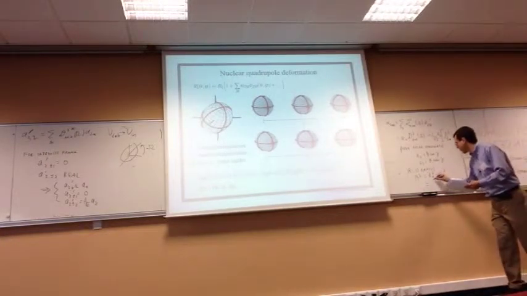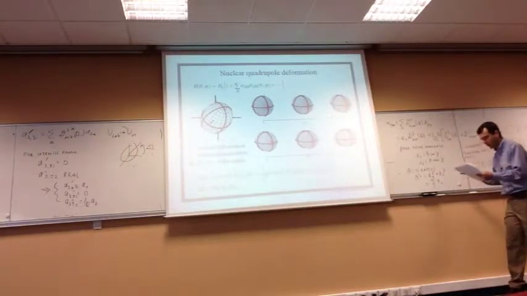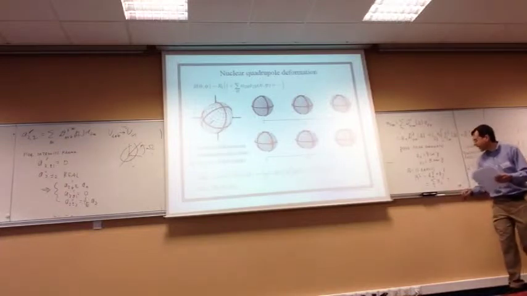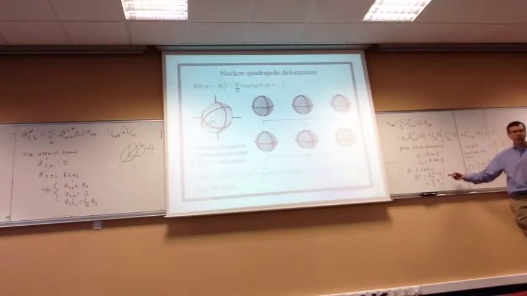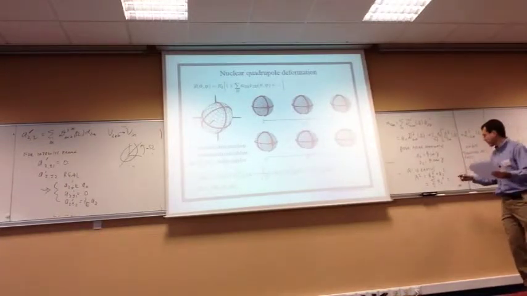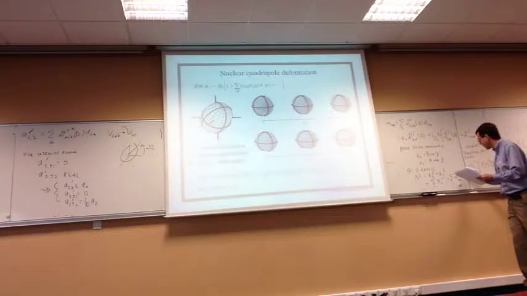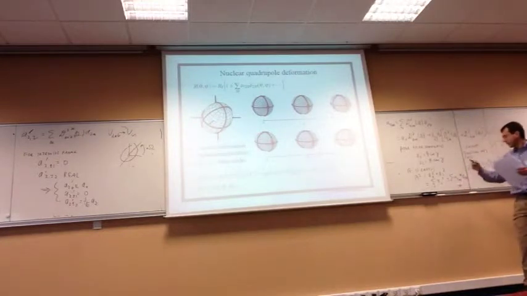In the intrinsic frame, it is the sum over the xi coordinates, and that is a rotational scalar, so it doesn't matter what frame we look at it in. So it's the sum over mu of alpha 2 mu starred times alpha 2 mu.